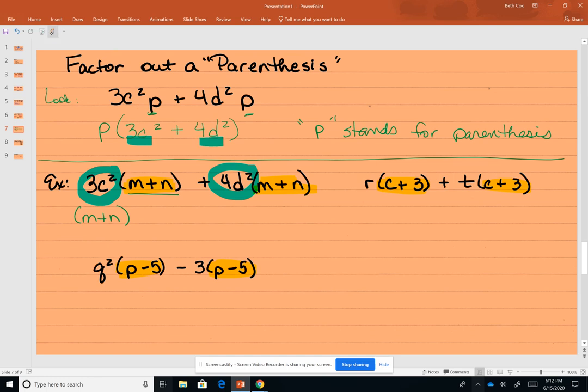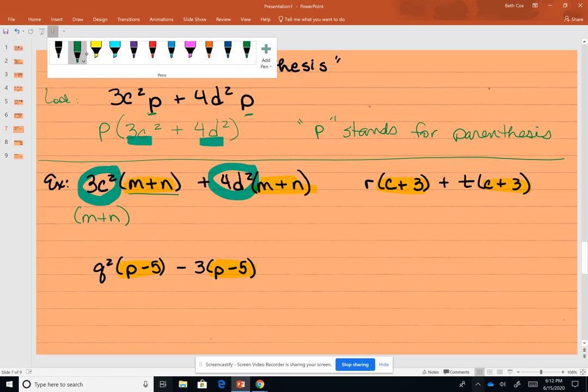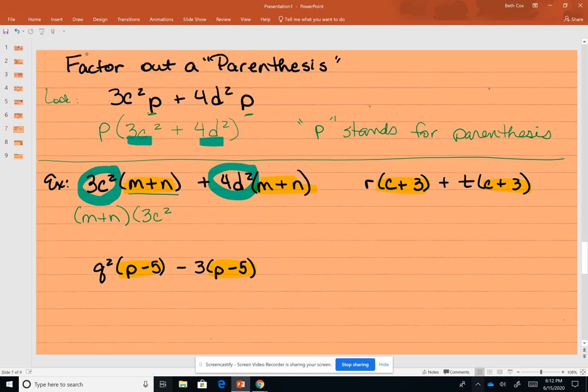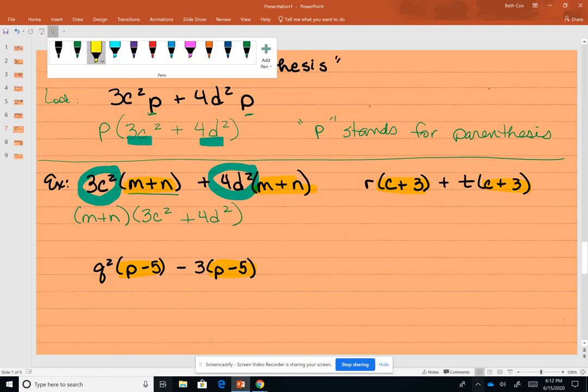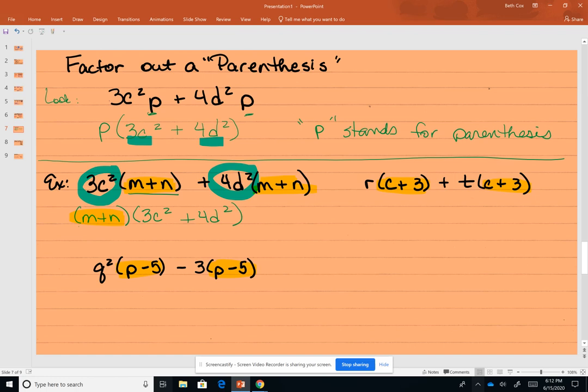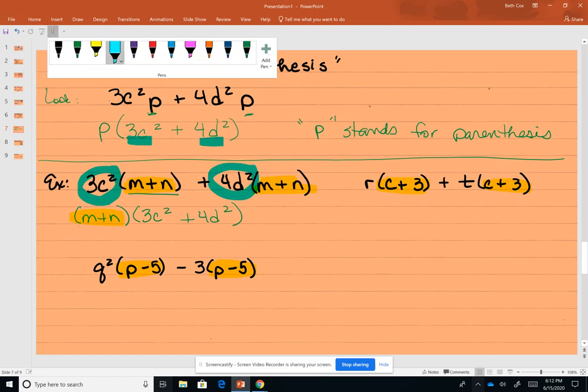And then the leftovers are 3c squared plus 4d squared. Parentheses common. I know it looks strange. And then the leftovers.